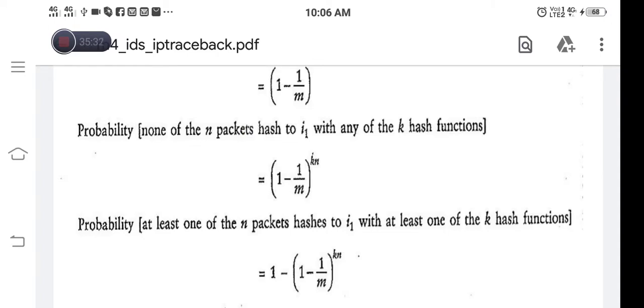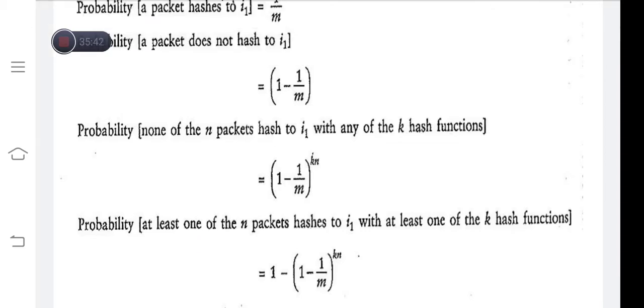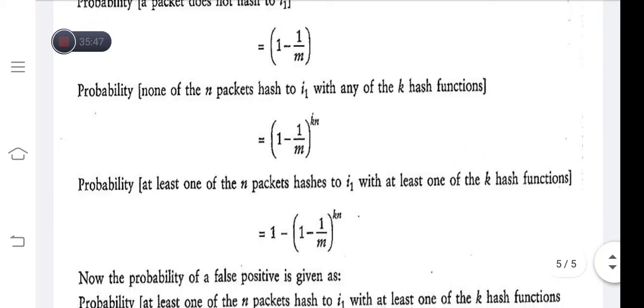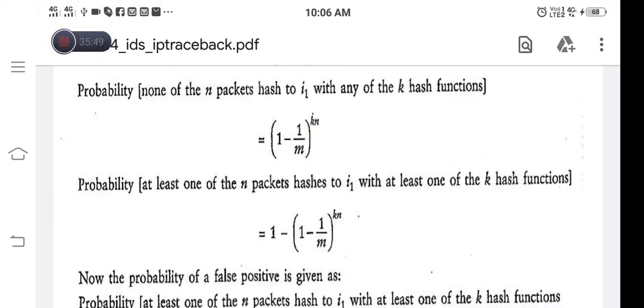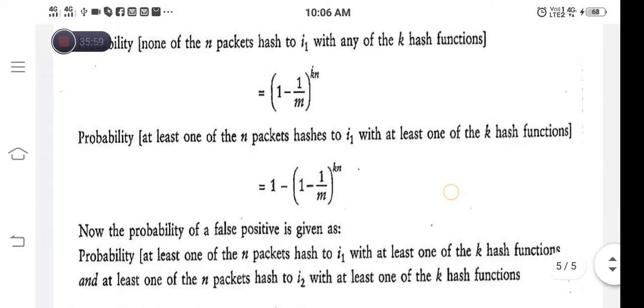If none of the n packets hash to I1 with any of the k hash functions, that is 1 minus 1 by m to the power kn, then at least one of the n packets accessing I1 will be 1 minus of 1 minus 1 by m to the power kn.